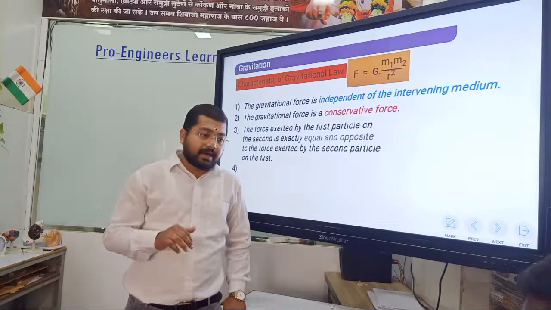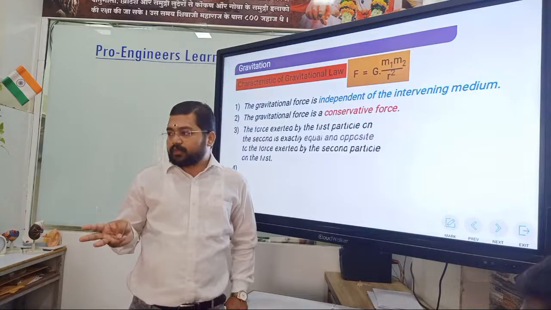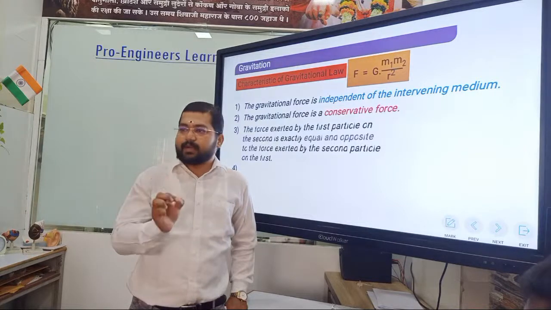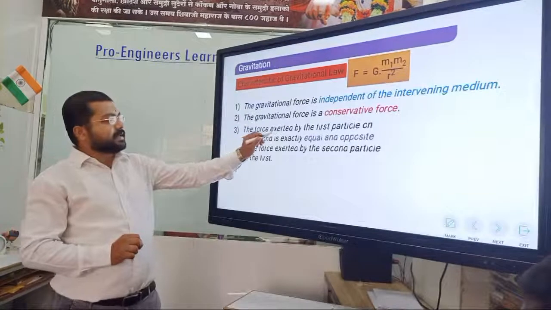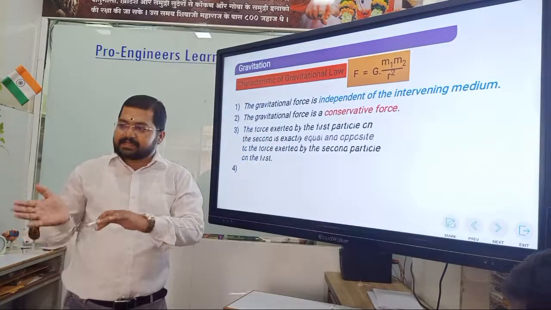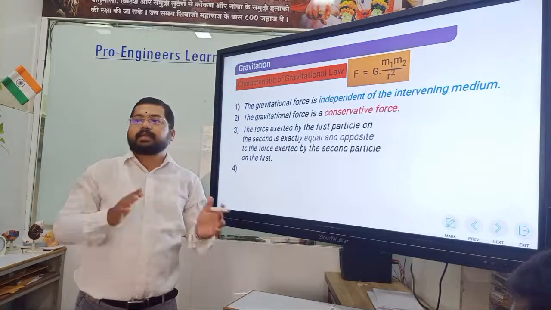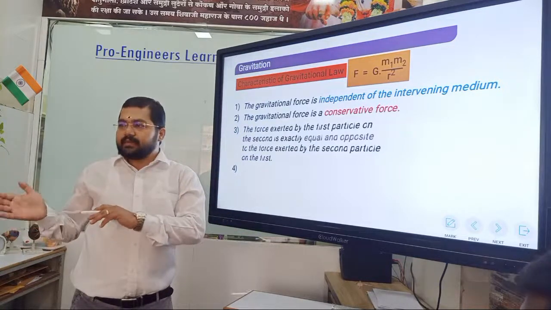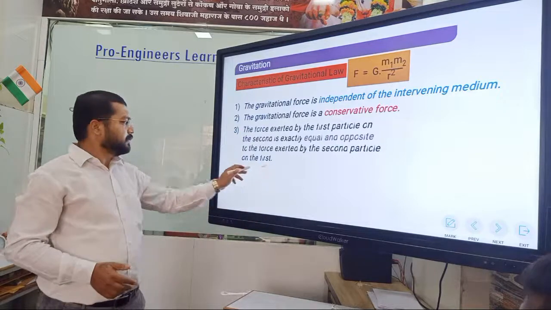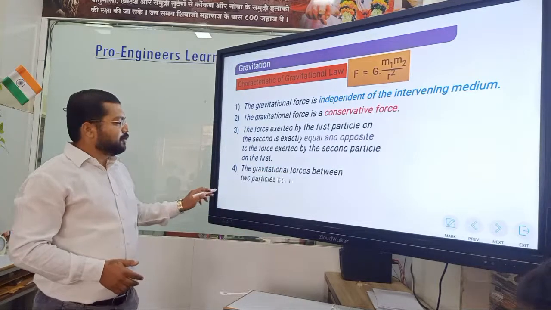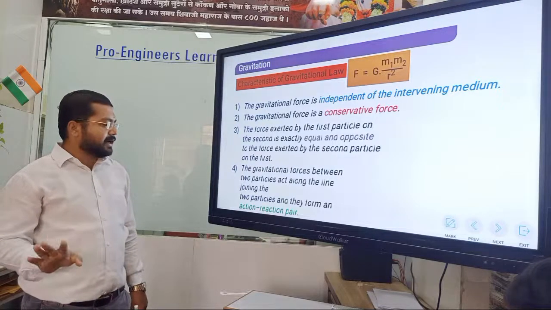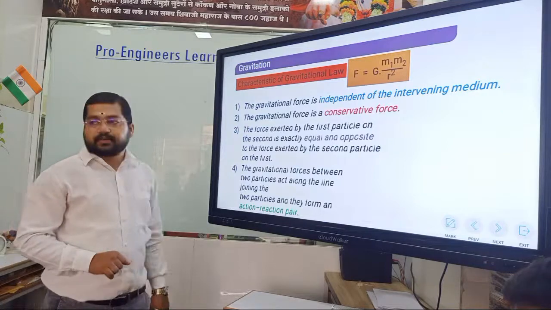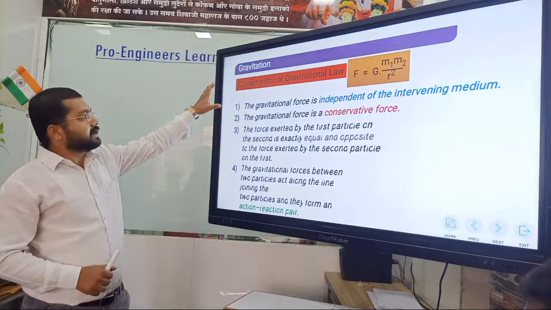We might have heard about the 3 laws of Newton. The third law is every action has an equal and opposite reaction. The gravitational force between two particles acts along the line joining the two particles and they form an action-reaction pair.